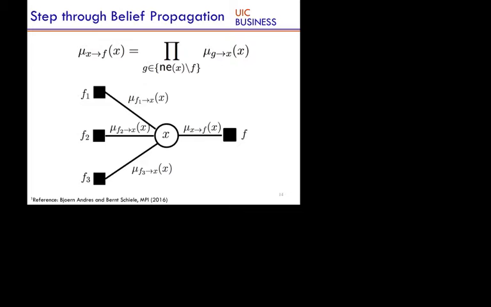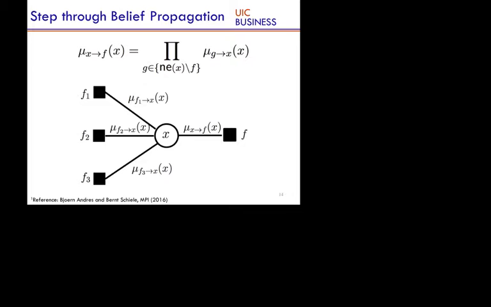It's a recursive description of what it needs to do. It needs to collect all the messages that all the other factor nodes, not its target factor node, have sent it. These messages are going to be indexed by the variable itself.